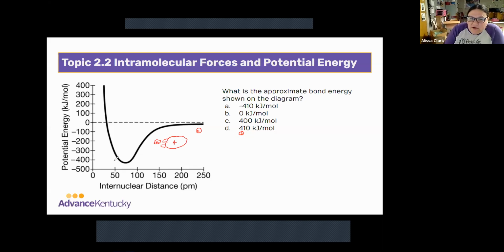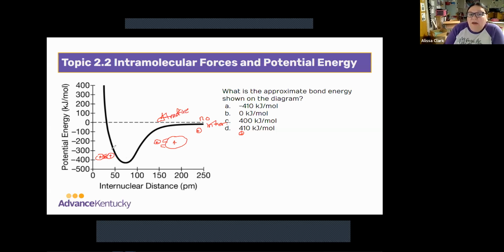If they continue to get pushed closer together, then the like charges of the nuclei can begin to exert repulsive forces on one another, and the potential energy of that system can go back up. So no interaction at 0. Attractive forces as the potential energy goes down.